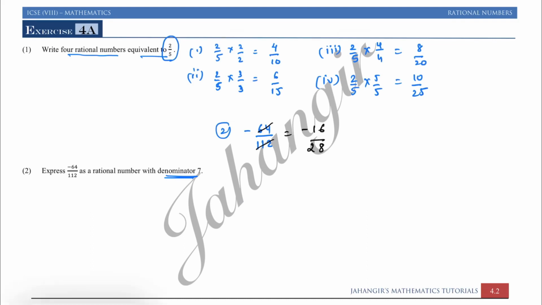Again you can cancel it out by 4. 4 2 जा 8, 4 7 जा 28, so the final answer is minus 4 by 7 and 7 is its denominator. So the final answer is minus 4 by 7.